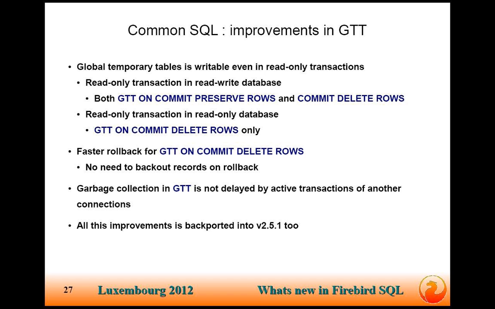So for the attachment level, we have internal counters of the transaction states, and for global temporary tables we have more exact transaction counters and use them when deciding if a record version is ready to be deleted from the database. Again, all these improvements were first implemented in Firebird 3 and are backported into 2.5.1, so you can use them even now, in the stable 2.5 version.